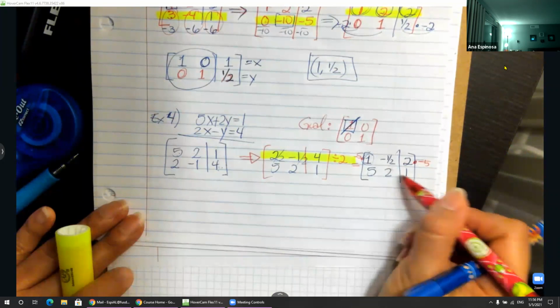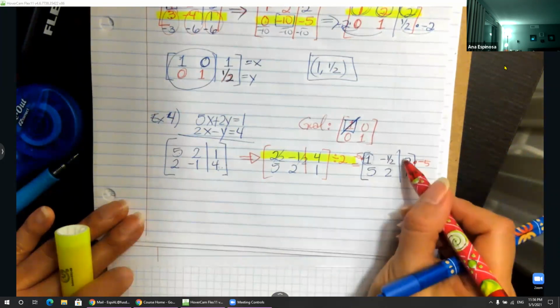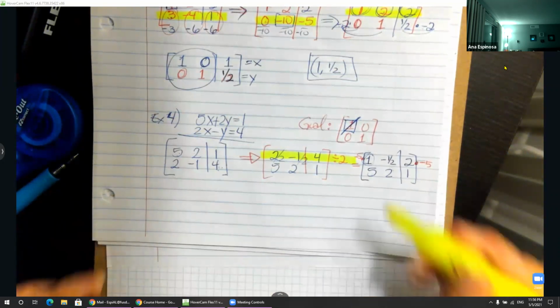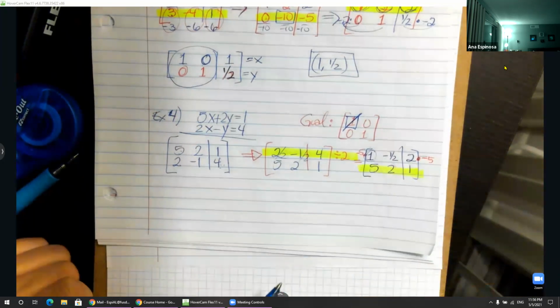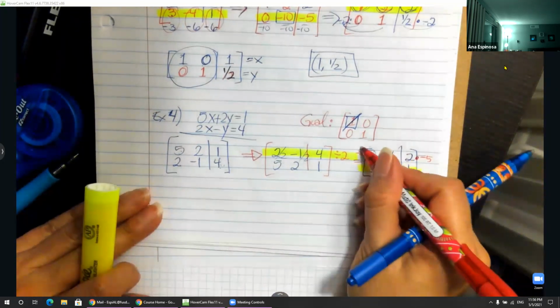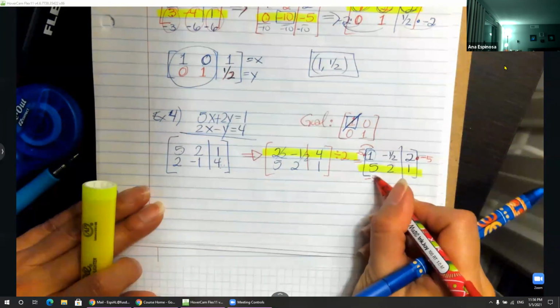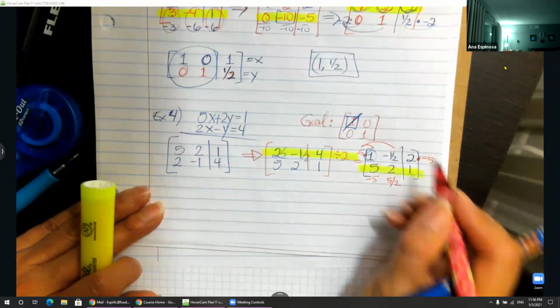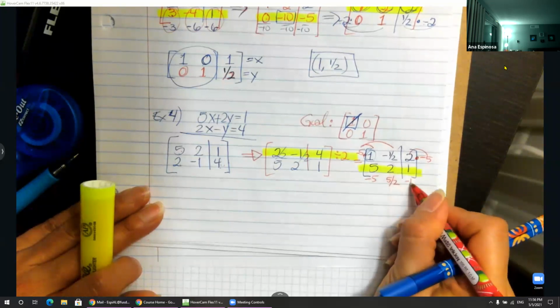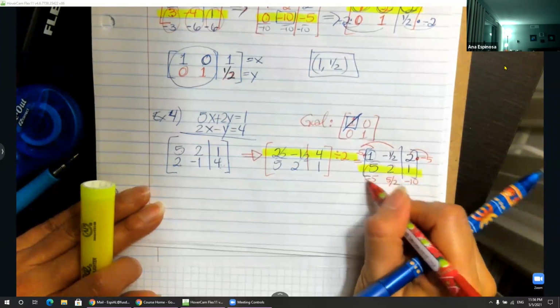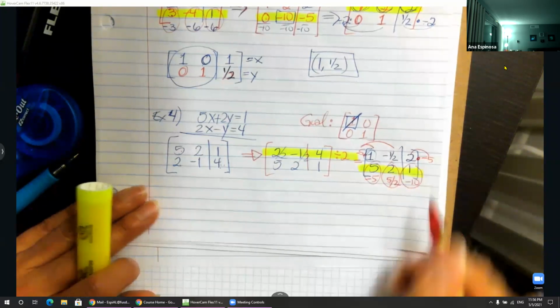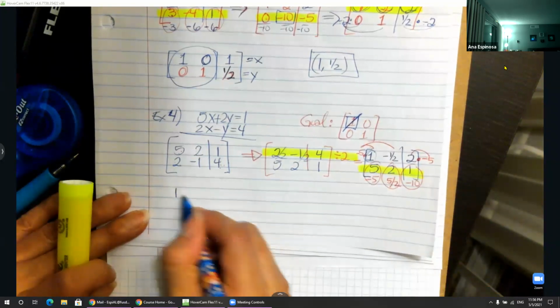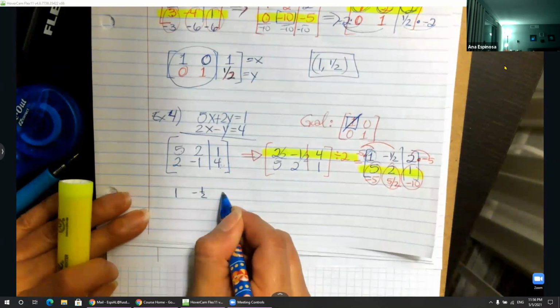That way when I add, I see that it's a 0. So I'm going to keep this one the same, but it's changing this guy. Okay, so I'm going to multiply this by negative 5. I'll write the results down here. That's a positive 5/2. And then I multiply this. That's a negative 10. So now I'm going to add these two in order to change that. That's a 1, negative half, 2.